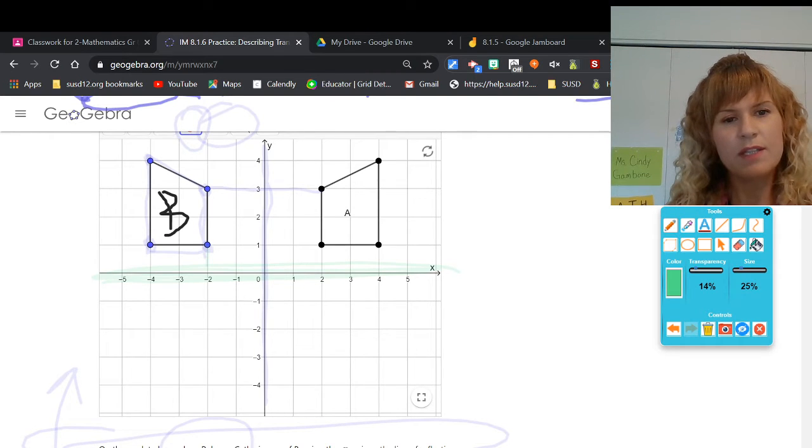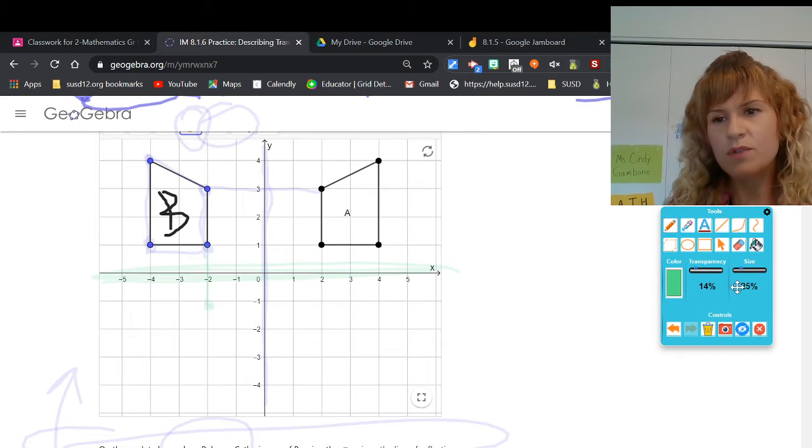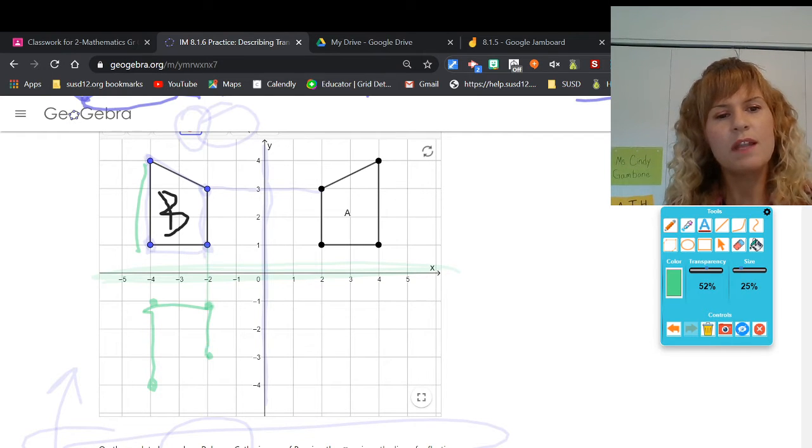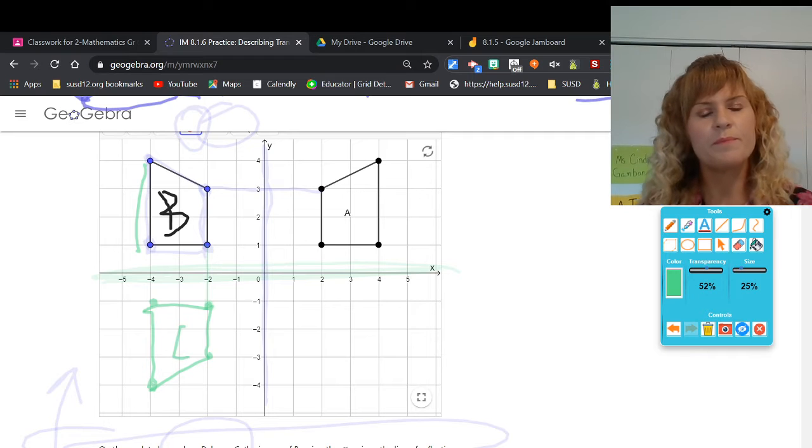And we're drawing the image of B. So if I look at these points and go straight across my line of reflection, I can draw right about here. This side is 3 units, so this side is 3 units. Remember, all of the lengths stay the same.